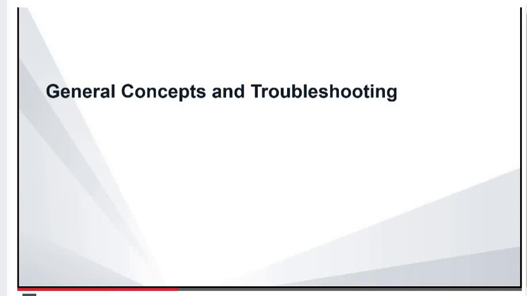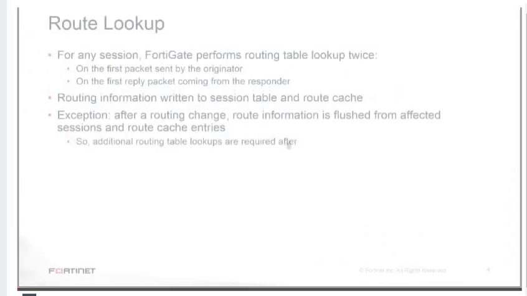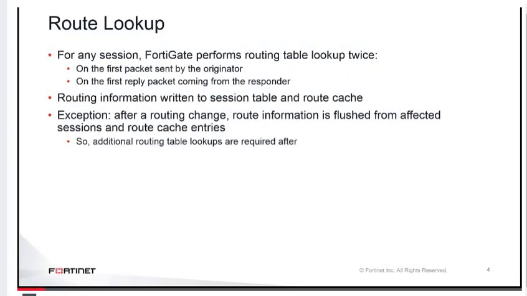In this section, you will learn about general routing concepts and troubleshooting. A FortiGate is a stateful device, so it decodes a lot of information at the beginning of a session based on the first packets. For any traffic session, FortiGate usually performs only two routing lookups, one on the first packet sent by the originator and another one on the first reply packet coming from the responder.